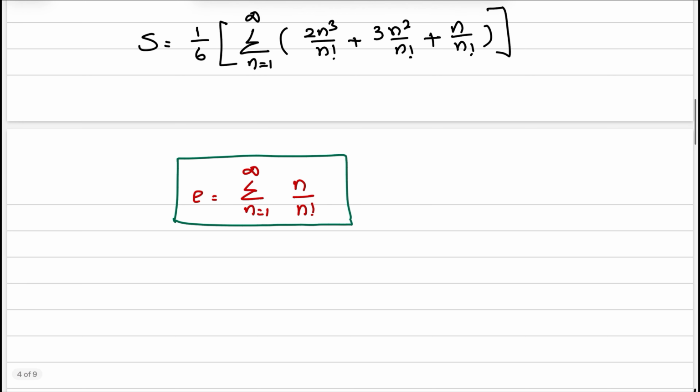And second, these three formulae, please remember. 2E is equal to sigma n equals 1 to infinity n square by factorial n. Please remember this also.